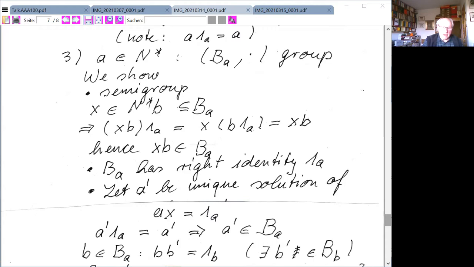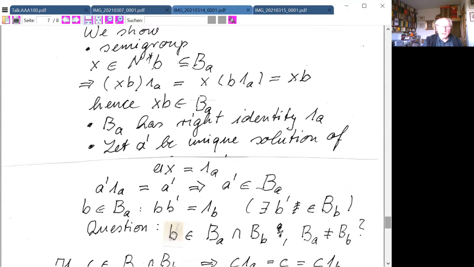First, if X is in N star B, well, this must be contained in B sub A. When we have XB, 1 sub A is X, B times 1 sub A is equal to XB. Hence, XB must be in B sub A.